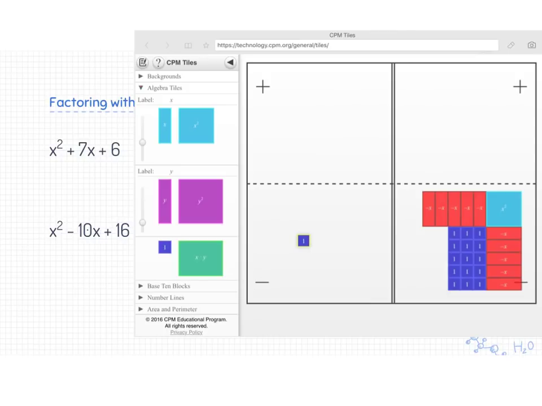There's our 16 there. As you can see, that doesn't work. So I'm going to move one of these up that way.